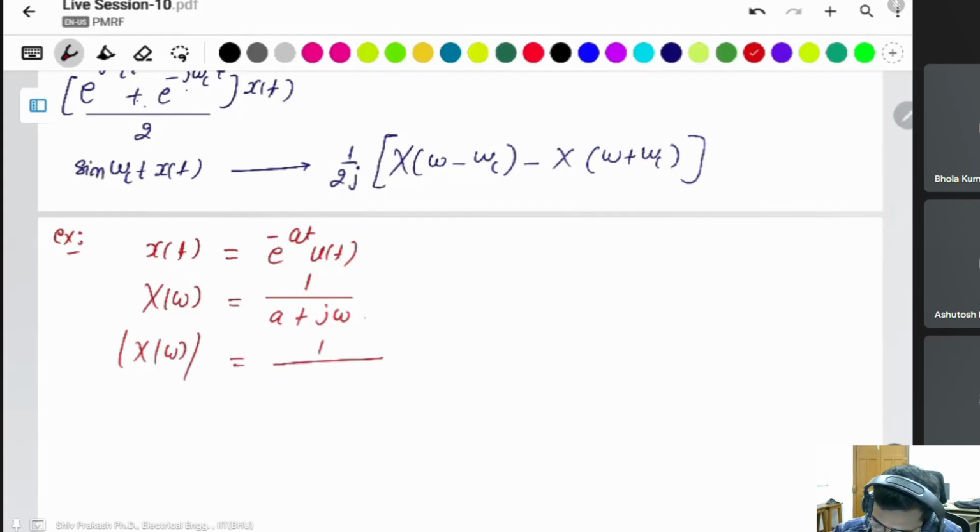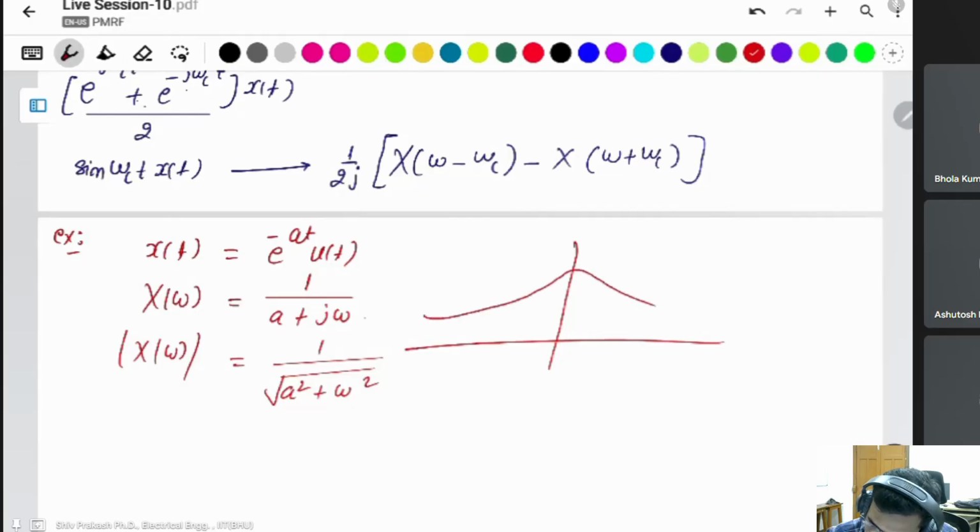It will be 1 by root of a square plus omega square. The representation of this one looks like a bell. The magnitude of this one, for 70 percent, will be from minus a to plus a.